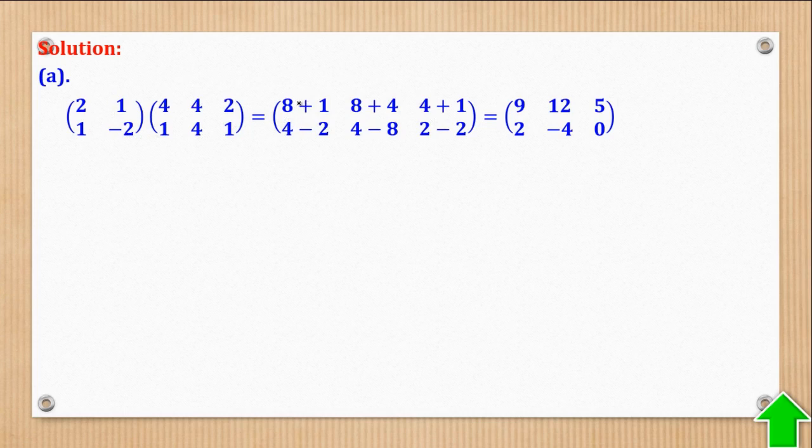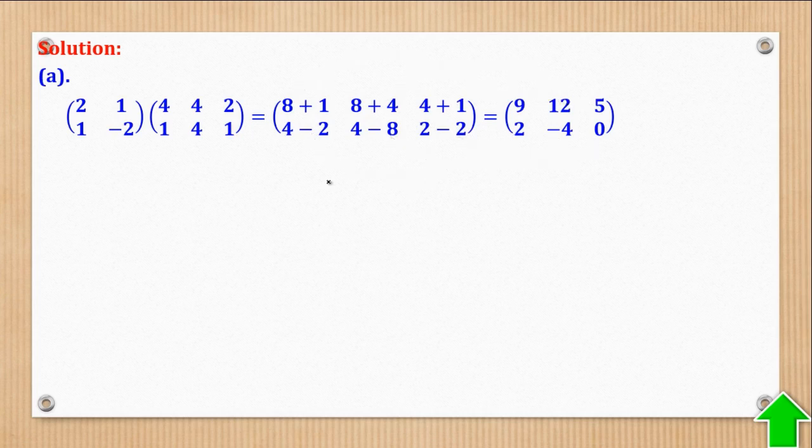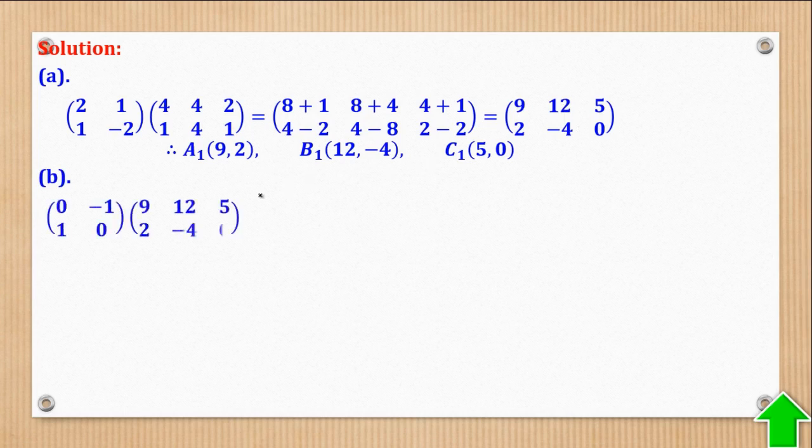So in the end, you shall simplify. This gives you 9, this gives 12, this gives 5. This gives 2, this gives -4, and this gives 0. Meaning coordinates of A is (9, 2), B is (12, -4), and C is (5, 0), the image. Then part B, there's a further transformation of this.